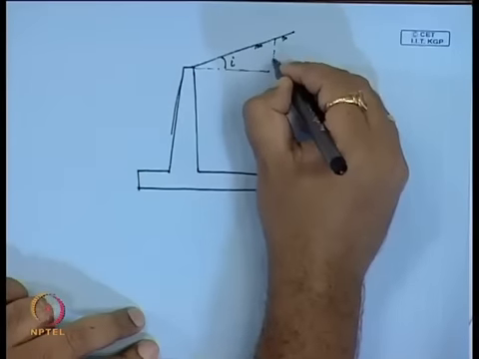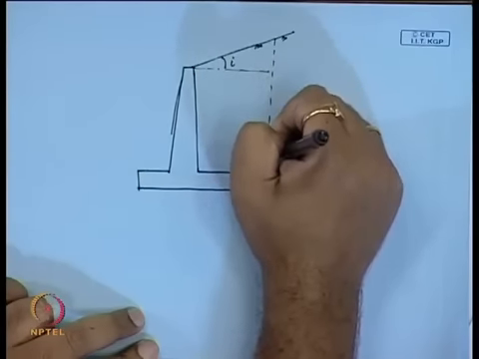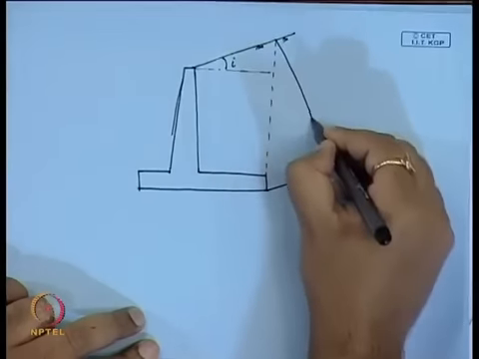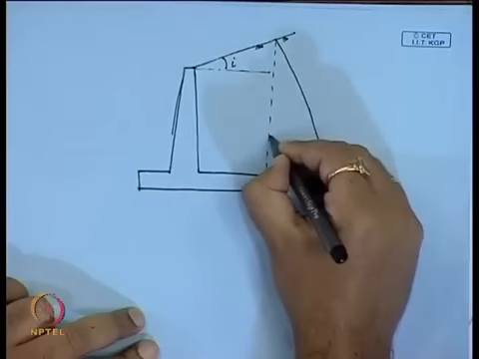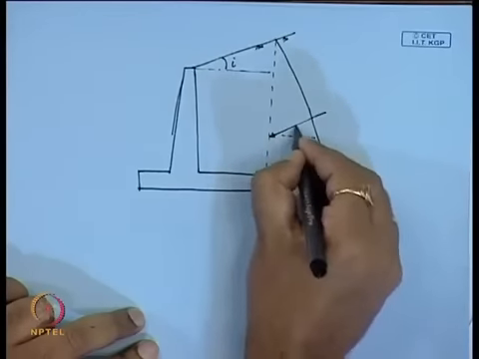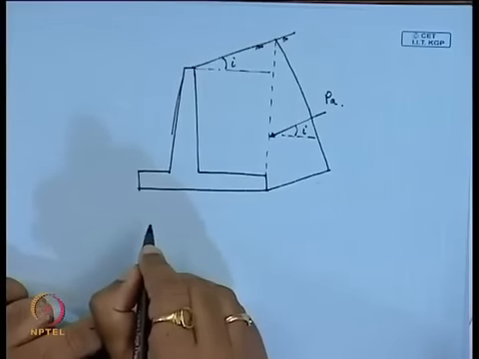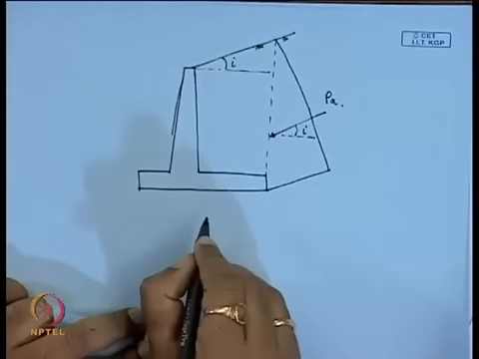Now, for this edge, this is our active pressure that will act, with an angle I. So, P active with an angle I, this is for the backfill soil.